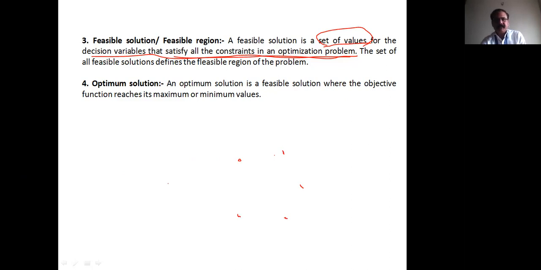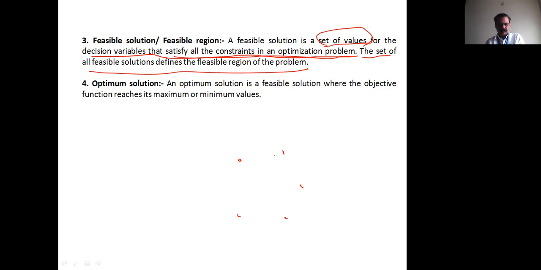Then what is a feasible region? The set of all feasible solutions defines the feasible region of the problem.